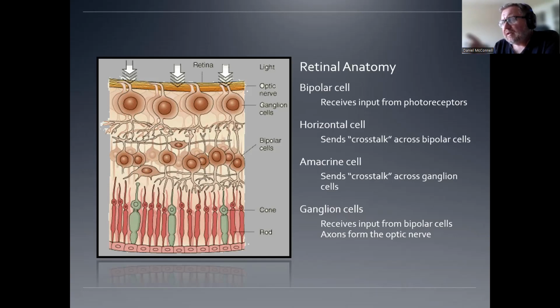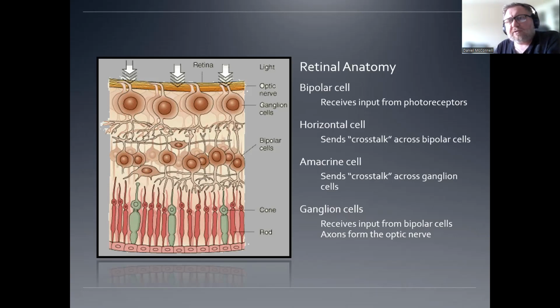But meanwhile, that horizontal cell is going to take that excitatory signal and convert it to an inhibitory signal. So it's being excited by the rods and cones, but meanwhile, the axon that it sends sideways is going to be something that inhibits the bipolar cells over to the left or to the right of this region of the retina, right?